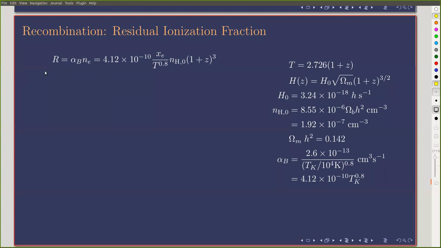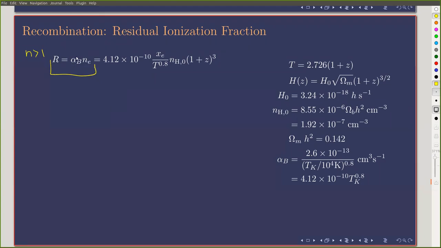So we have this rate, which is the recombination rate. Basically this is the case 2 recombination coefficient. Case 2 recombination coefficient takes into account the recombination to all the higher states other than the ground state, because as we saw, the recombination to the ground state gives almost negligible result.